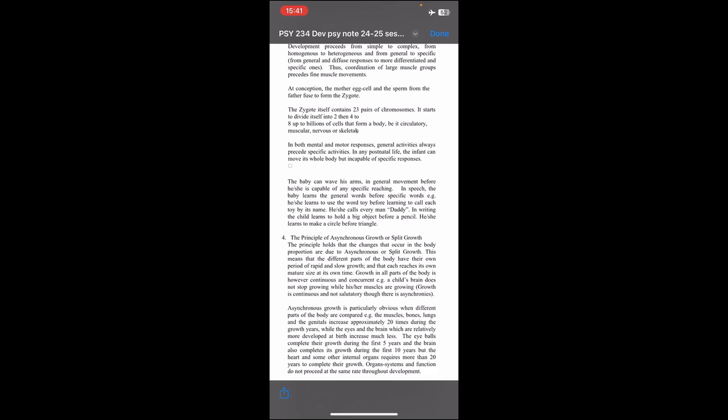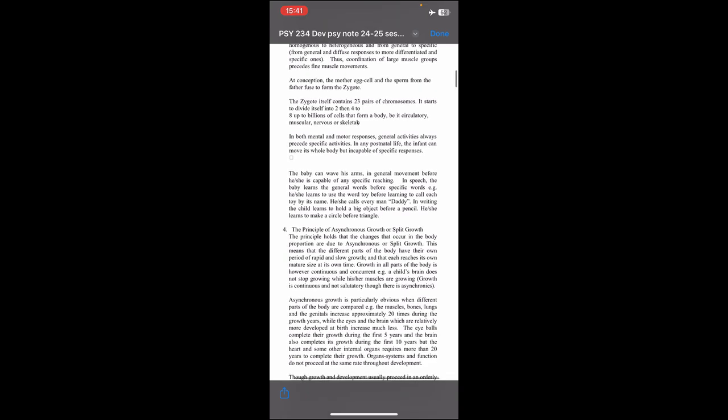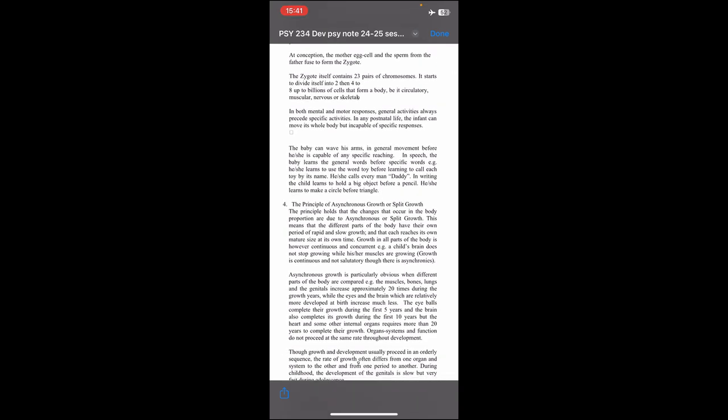The baby can wave his arms in general movement before he or she is capable of any specific reaching. In speech, the baby learns the general words before specific words. Even before he learns the general words, he can already cry, he can already grunt. So that's general.